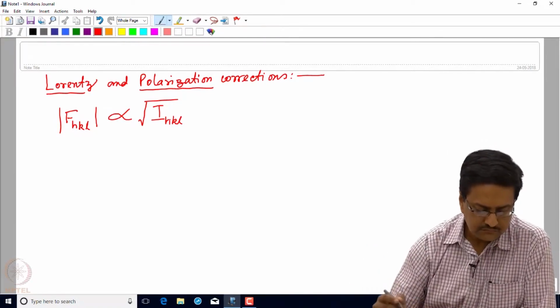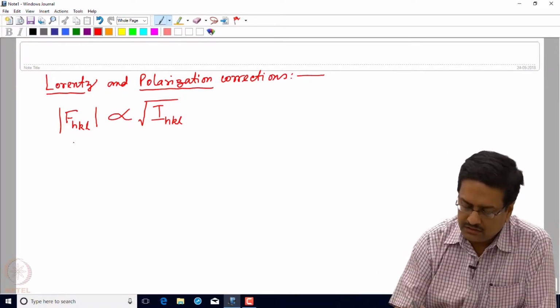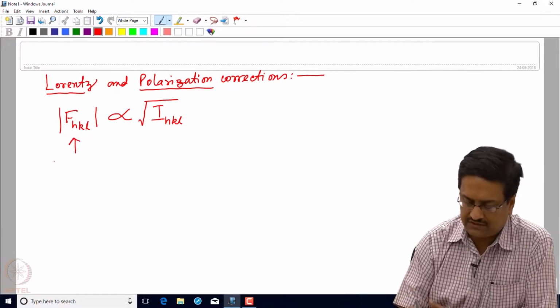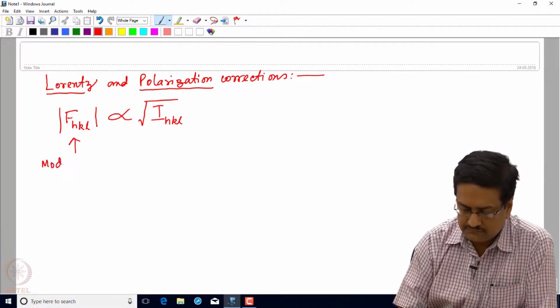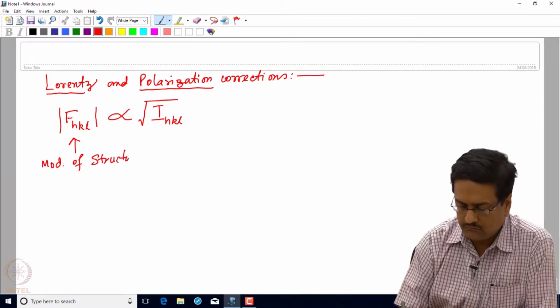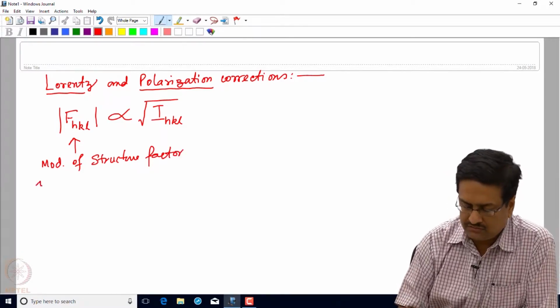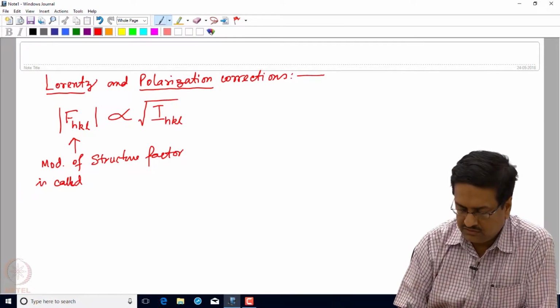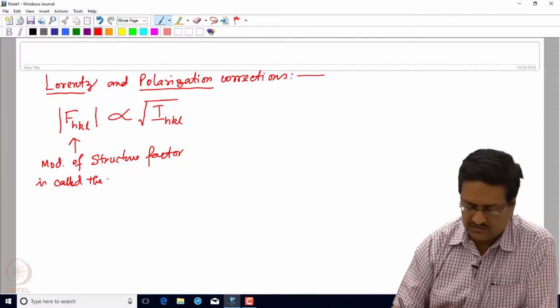So this modulus of structure factor is called the structure amplitude.